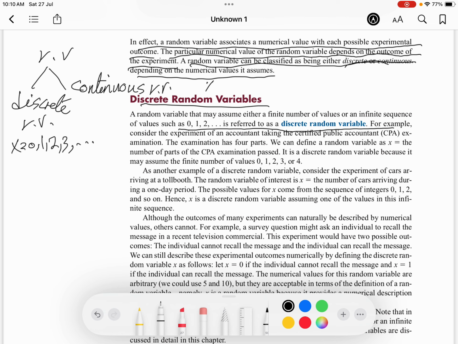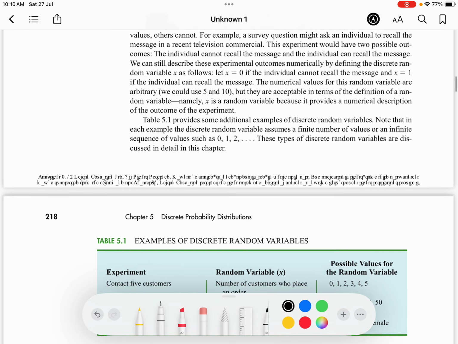But x between -1 and 1, or x between 0 and 1, and so on, you cannot count. Continuous, you cannot count it, but discrete, you can count these data.